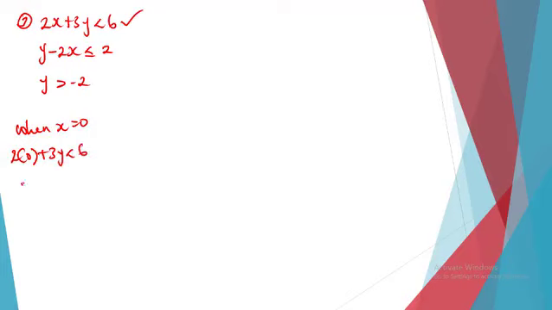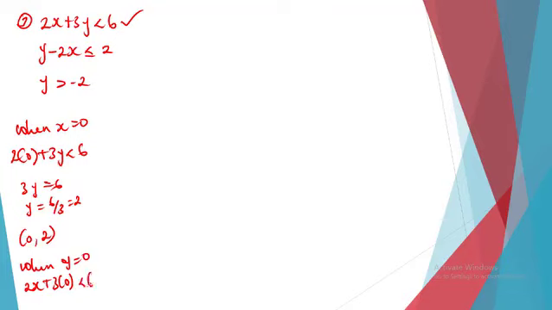6, and then 3y is equal to 6, and then y is equal to 6 over 3, which is 2. So we have the first coordinate (0, 2). And when y equals 0, we have 2x plus 3 into 0 is less than 6, and then we'll have 2x equal to 6.